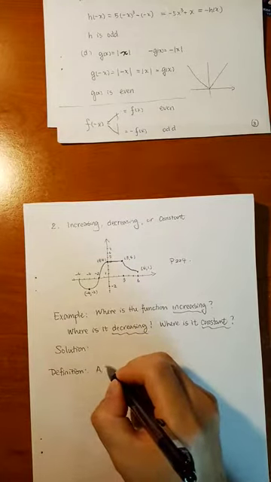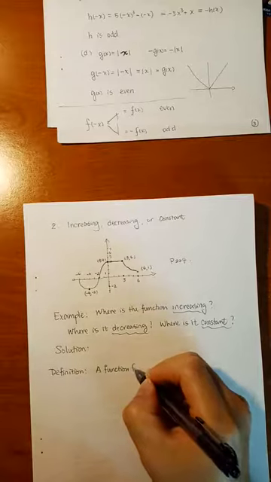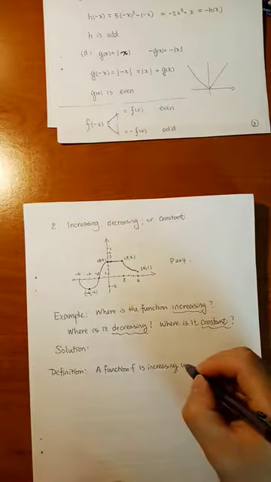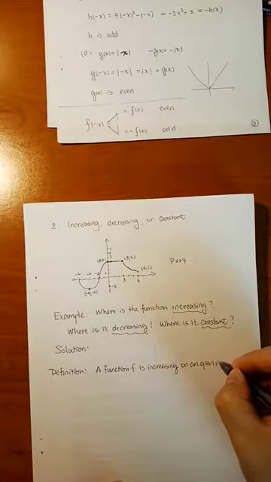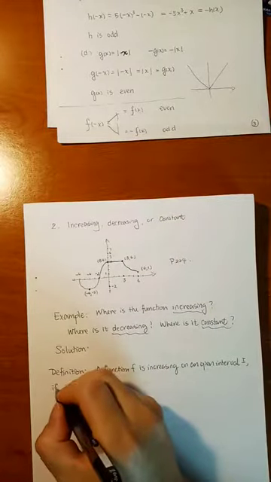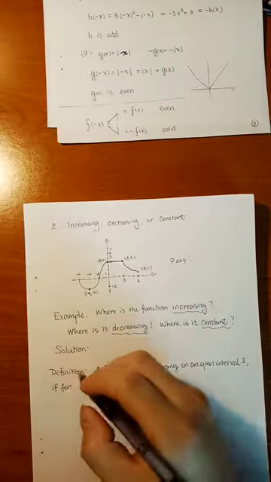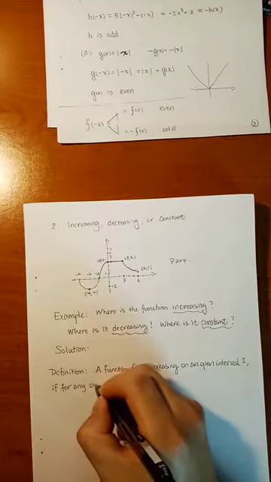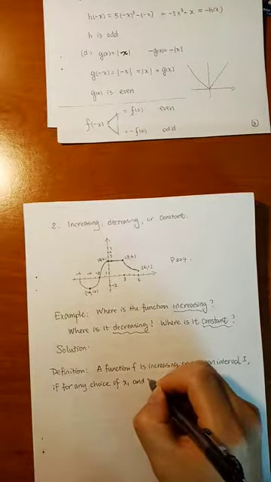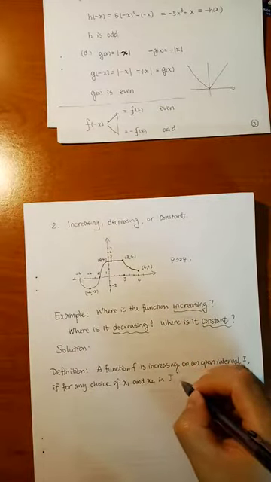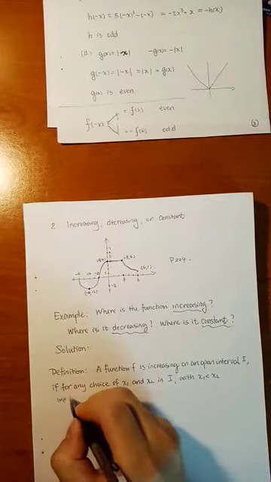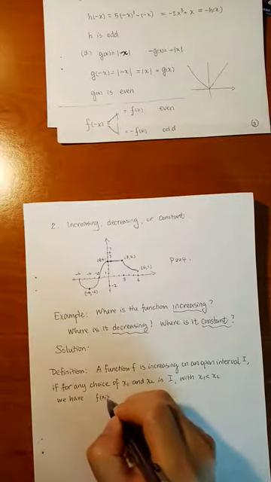A function f is increasing on an open interval I if for any choice of x1 and x2 in I with x1 less than x2, we have f(x1) less than f(x2).